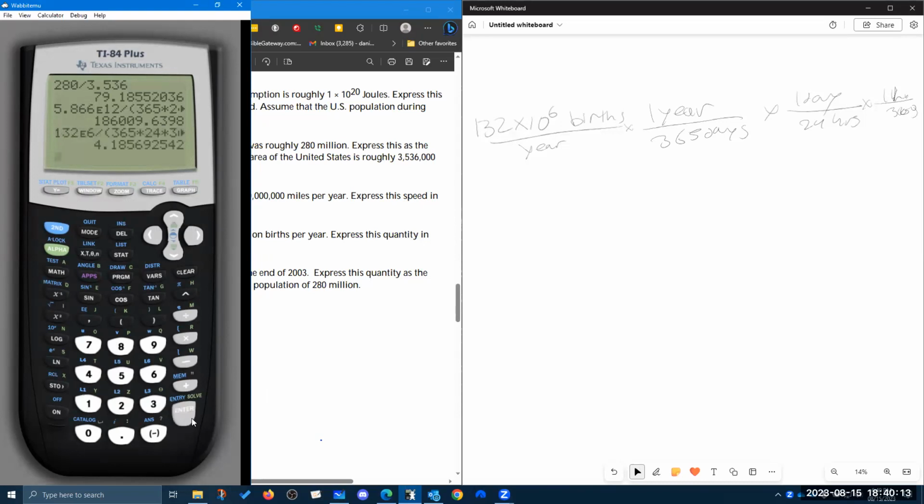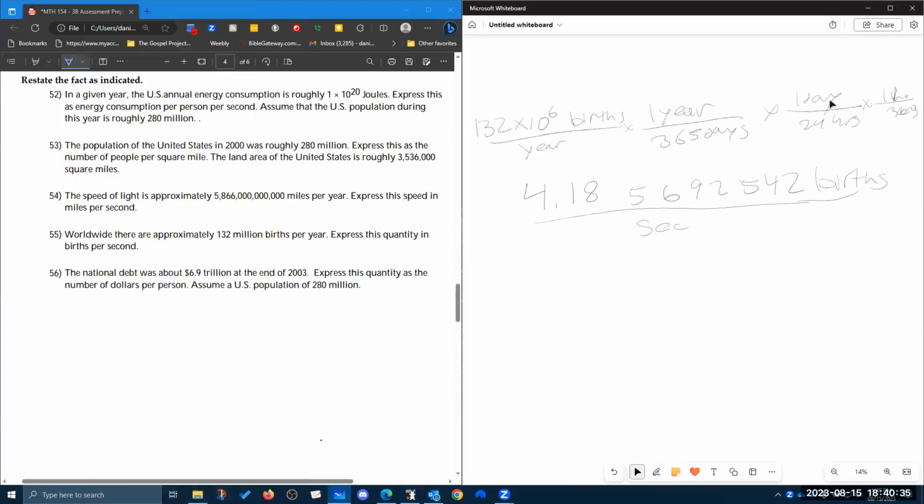And we get a birth rate of 4.185692542 per second. And we're going to round that to the nearest tenth again. It's about 4.2 births per second.